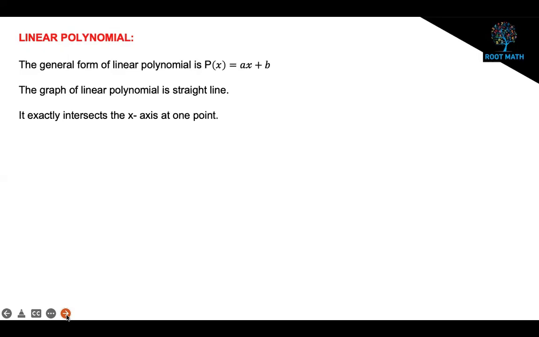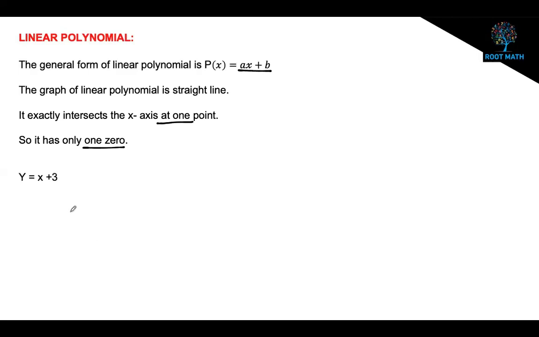The point where it intersects the x-axis is known as the zero of the polynomial. So it has only one zero. Since it is a linear polynomial, definitely it intersects the x-axis at one point and it has only one zero.